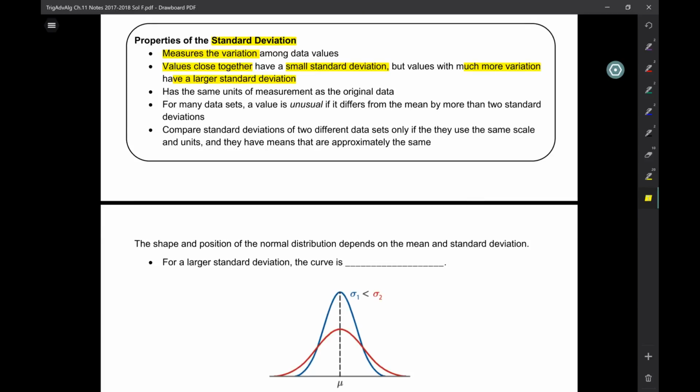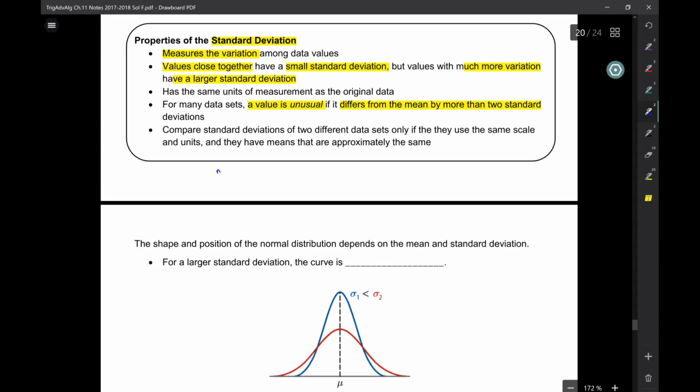Some other important things. For many data sets, we say a value is unusual if it differs from the mean by more than 2 standard deviations. Suppose everybody took a test, the mean is 80, and the standard deviation is 5.